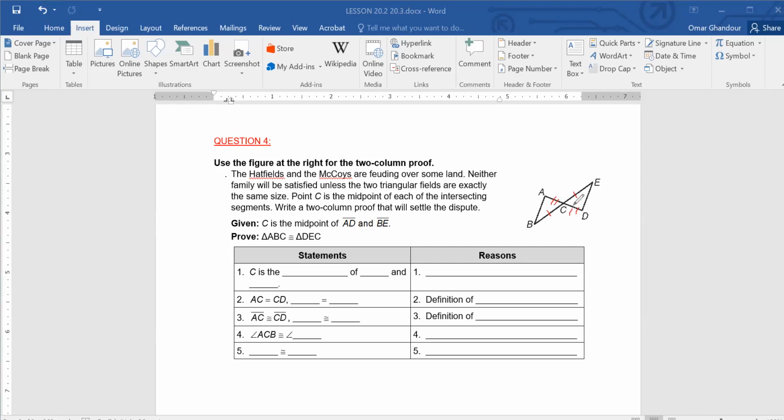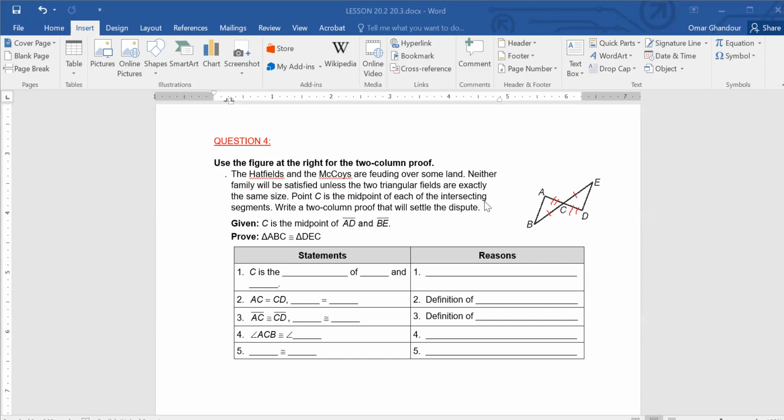Yani C is the midpoint of AD, and C is the midpoint of BE. Very well. And of course, I know that angle C is equal to angle C using the vertically opposite angle theorem. So the two triangles are congruent using which theorem this time? SAS. Okay, so now we can write the proof.